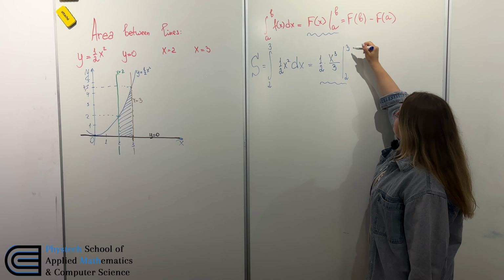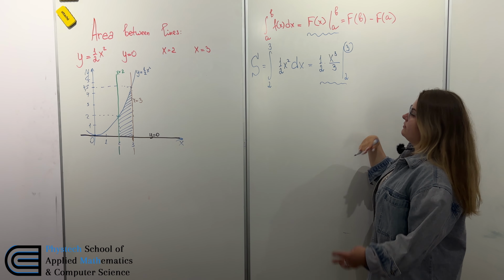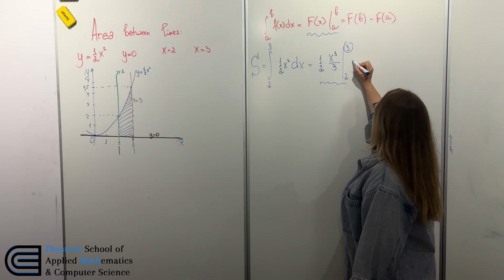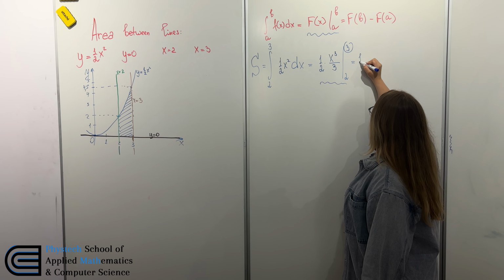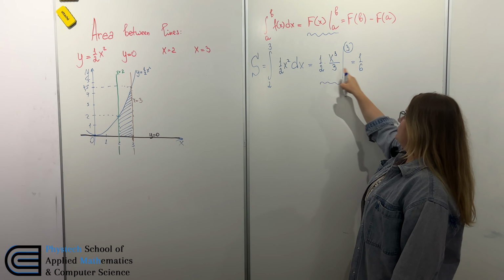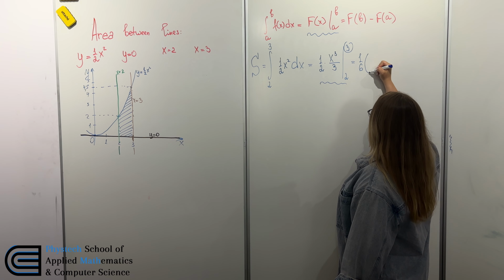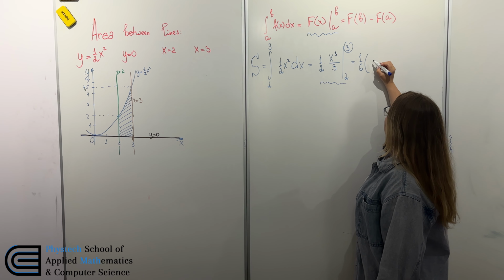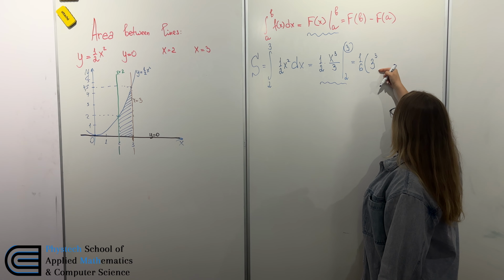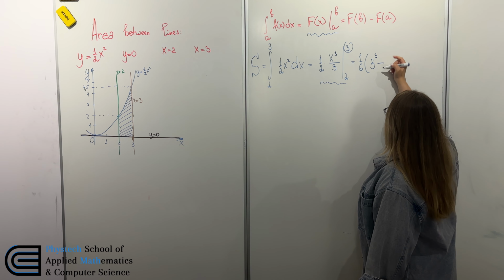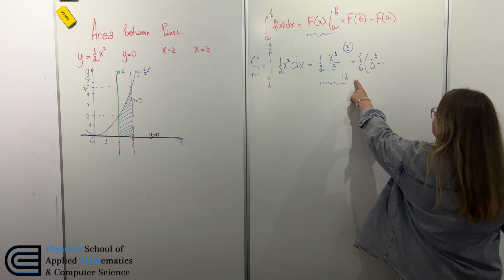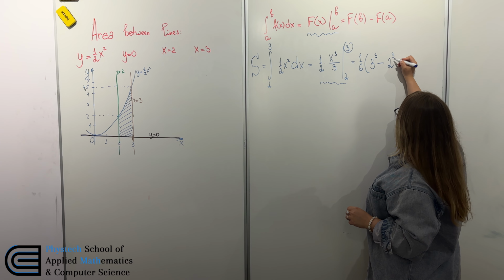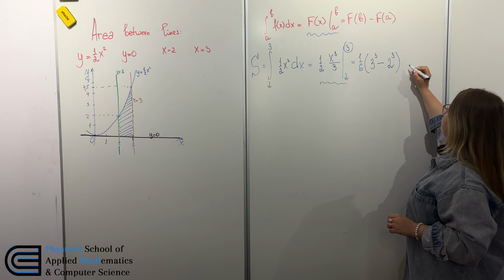First of all, we take 3 and put it here, then write minus and do the same with 2. So let's do it. I will write 1 divided by 3 multiplied by 2, 6. Then I will write x cubed and put 3 here, 3 to the power of 3 minus, and then do the same with 2, and here will be power of 3, 2.